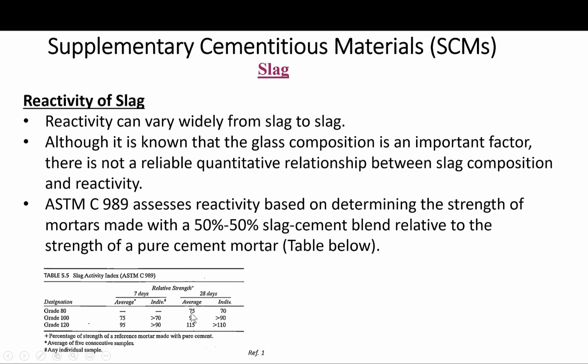At 28 days, the relative strength should be 75% on average, and not less than 70% for an individual cube. And here are the values for the various grades, grade 80, grade 100, and grade 120. So this is a relative strength test that could be performed to make sure the slag really gives the results expected of it. I also mentioned, if you remember, the pozzolans, ASTM C311, something of similar nature about the strength activity index.